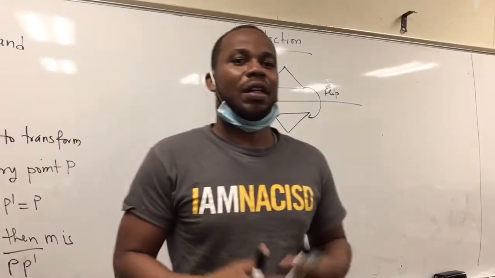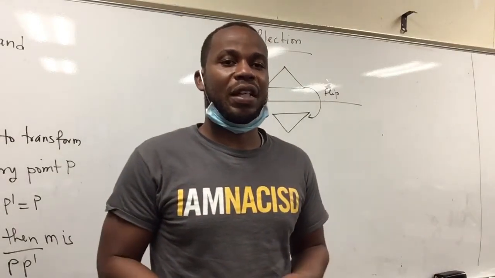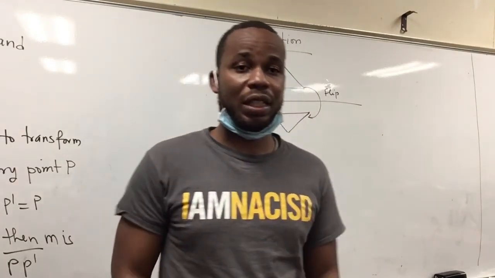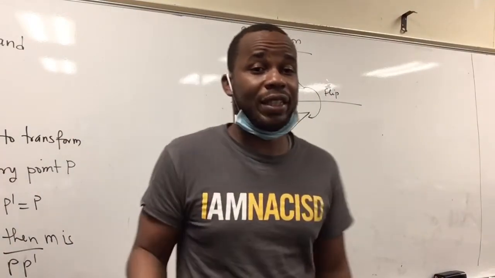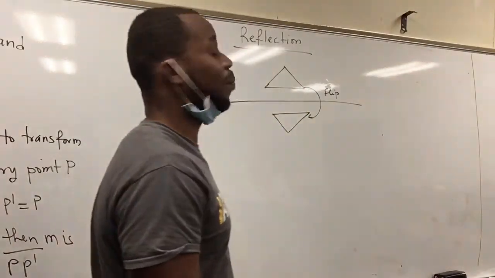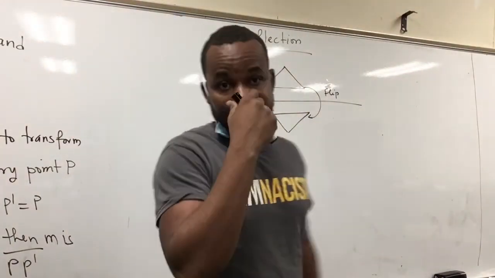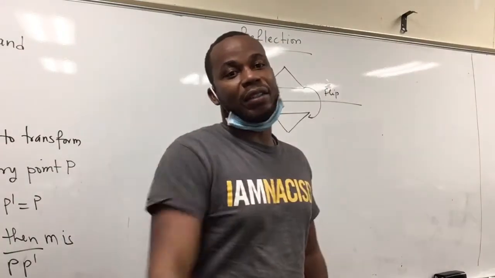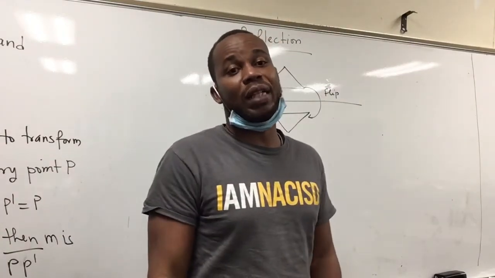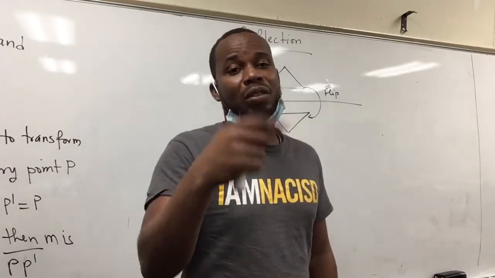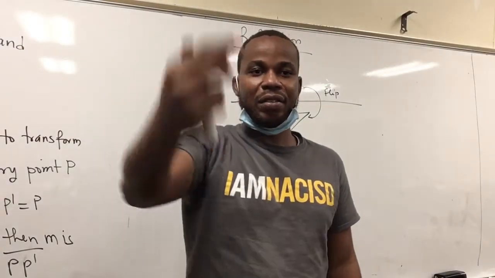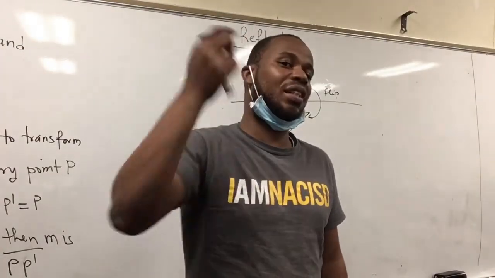Now, if you are standing before a mirror, reflection is most easily seen when you are standing before a mirror. You are reflected in the mirror. What mostly happens is that if I'm facing south, most of the time, the image will be looking the other way around, flipped the other way, which is the north.